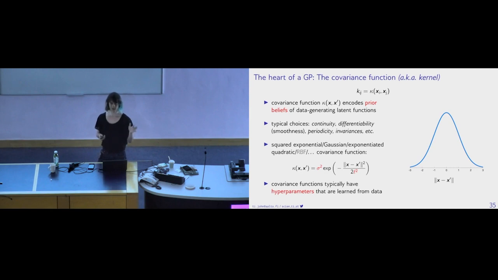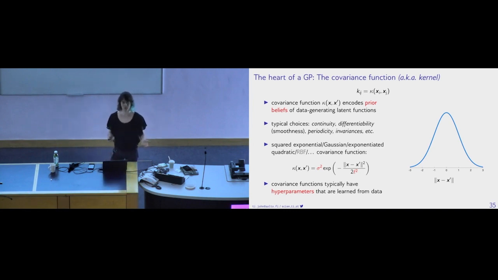So for example, L is the length scale parameter, so that says over what range correlations extend in your domain. If the length scale L is short, then points that are much further away from each other than this length scale are basically uncorrelated.